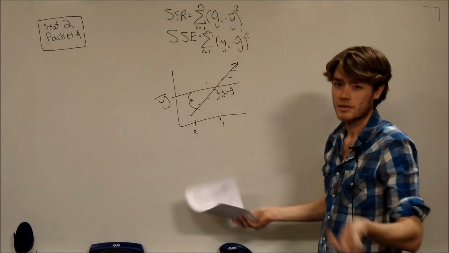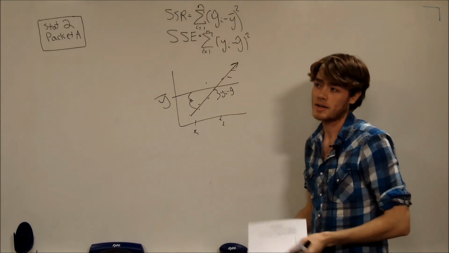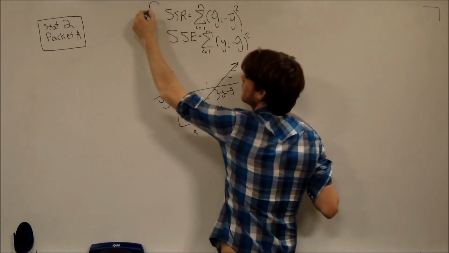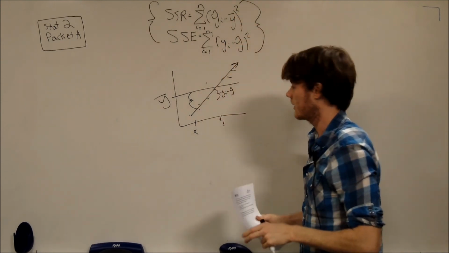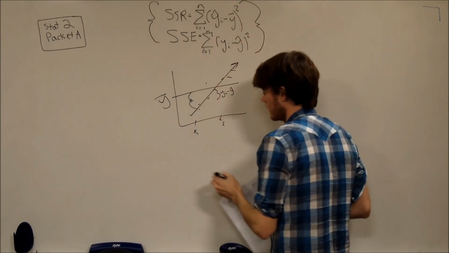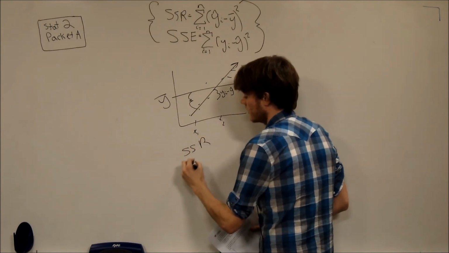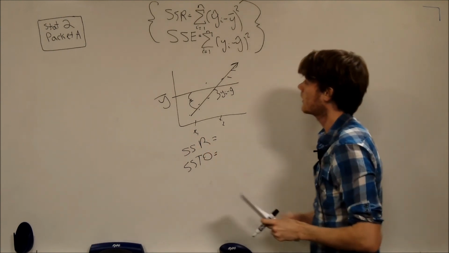However, in this particular problem, and not in most problems by any means, most problems you're going to have to find these values. However, it's a pretty big data set, so I decided just to give you SSR and SSTO. Now I haven't explained SSTO.